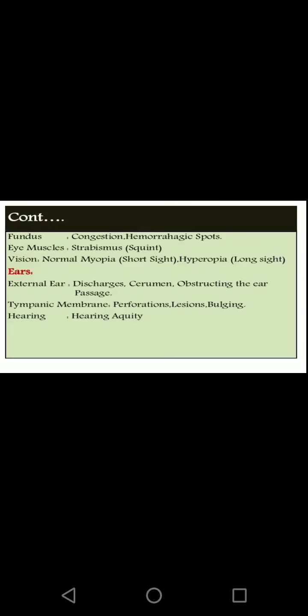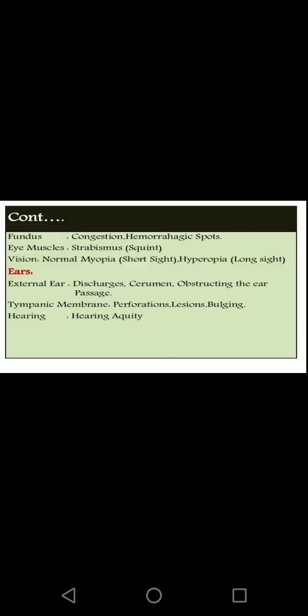Ears. In ears you can assess by speculum of various sizes, or cotton-tipped applicators can be used, and an otoscope can be used in this.